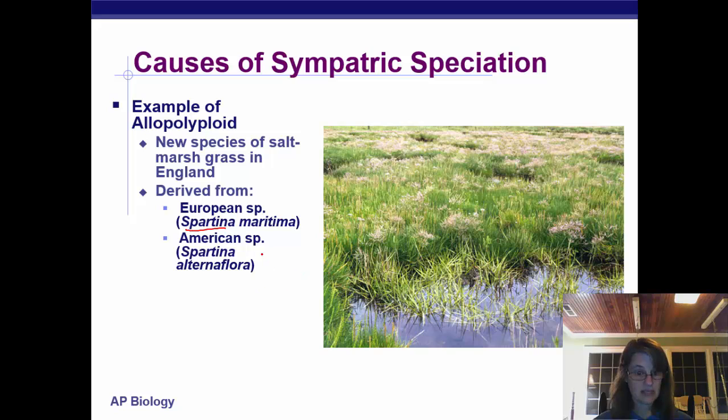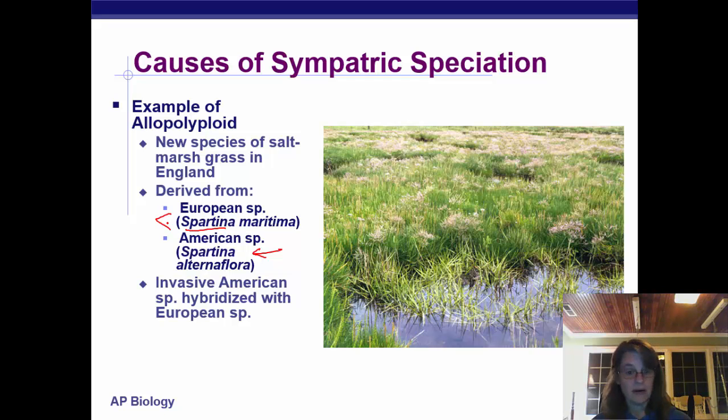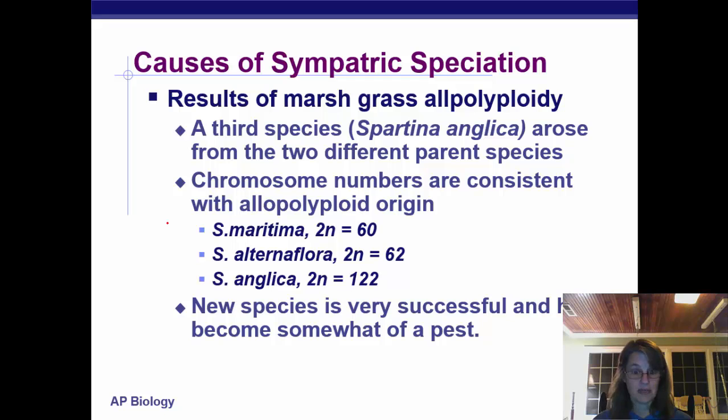This is the main species of salt marsh cordgrass we have. It's called Spartina alterniflora. These 2 species got together and made babies. The invasive American species hybridized with that European species. That hybridization created a 3rd species from those 2 different parent species, and this 3rd species cannot breed back with either parent.